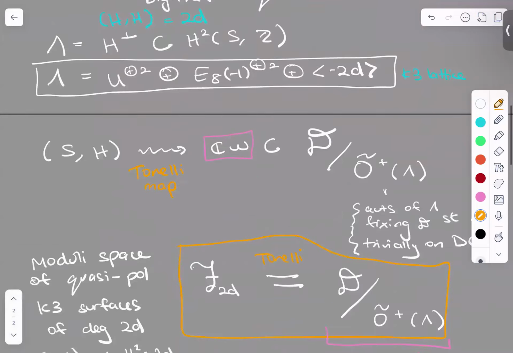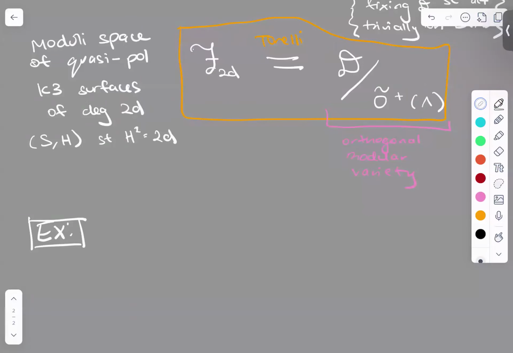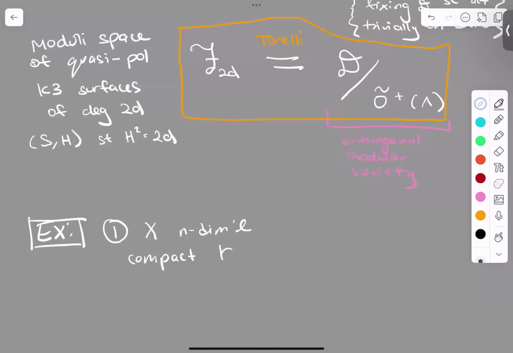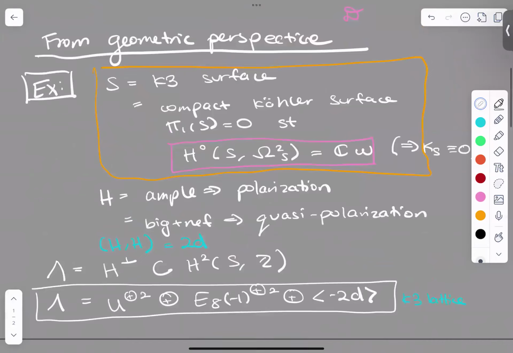So your first idea might be to say, well, if X is n-dimensional, let's consider varieties that are compact Kähler n-folds that are simply connected, right? All of that translates immediately from what I wrote up here: compact Kähler surface, compact Kähler n-fold, which is simply connected.